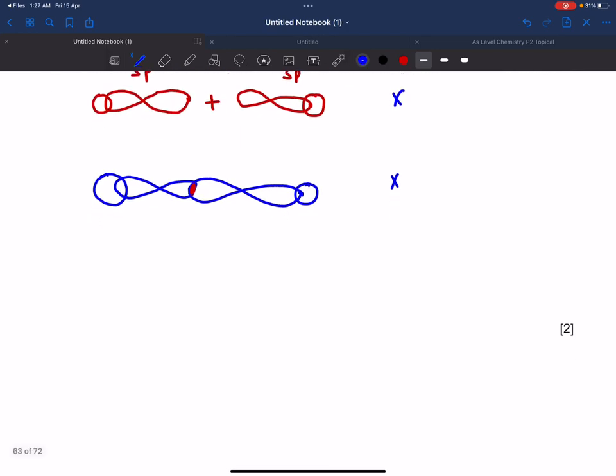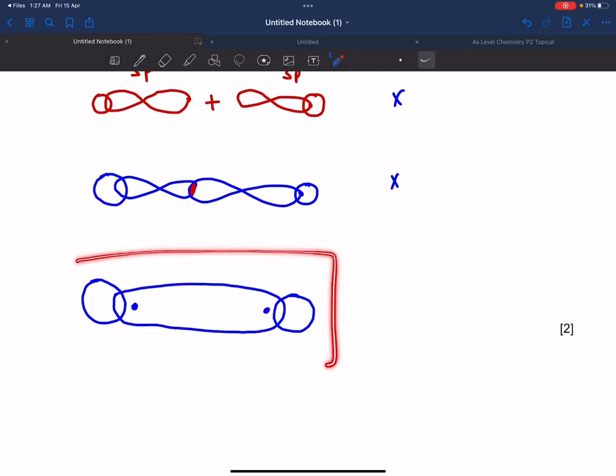Now, what your final answer should look like is this. Another orbital of the same size, overlapping like here and here. You have to put an electron here and an electron here to show that this is a sigma bond.